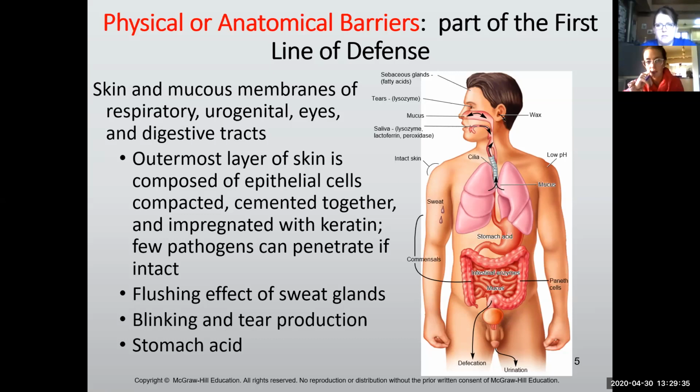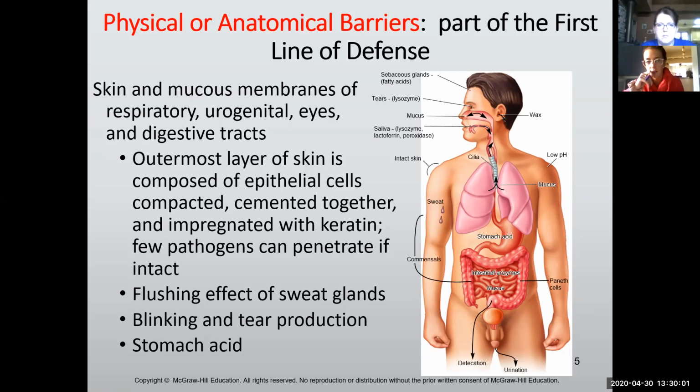That's kind of cool. Stomach acid, if you swallow a lot of those bacteria that are in the food we eat, right? And really, we're not eating sterile food, right? Lots of our food has acceptable numbers of microbes in it. Think of milk, for example, right? It's pasteurized to lower the number of microbes, but you know there's an expiration date beyond which it's probably not safe to eat.